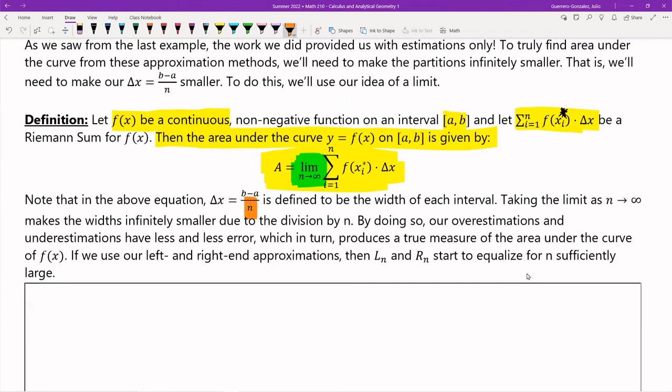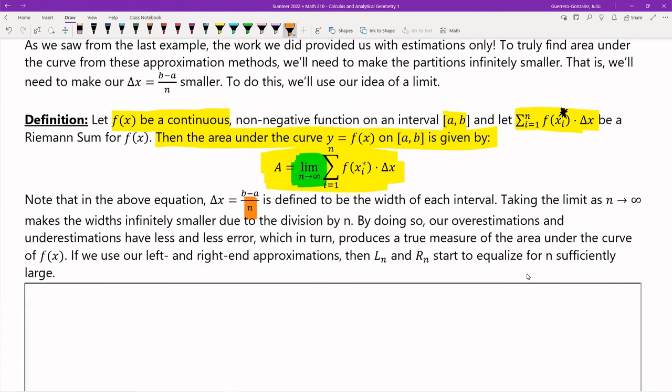So instead of doing n equal 4, we're doing n equal 8, n equal 10, n equal 50, n equal 100, n equal 1000. And if you remember what delta x did, it was the width for each one of those subintervals, and the n was the number of partitions, the number of cuts we were going to divvy up a to b in.